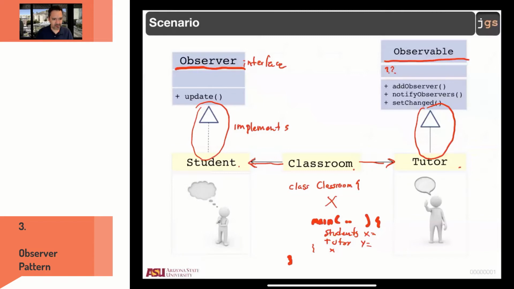Attributes, which ones? Do you remember that we have a list of all the observers observing this guy? A subject needs to remember who is observing it. To remember that information, we put a linked list of observers as a variable, and basically all these methods, the add, the remove, the notify, work with that data structure to add elements, remove elements, or traverse the elements.